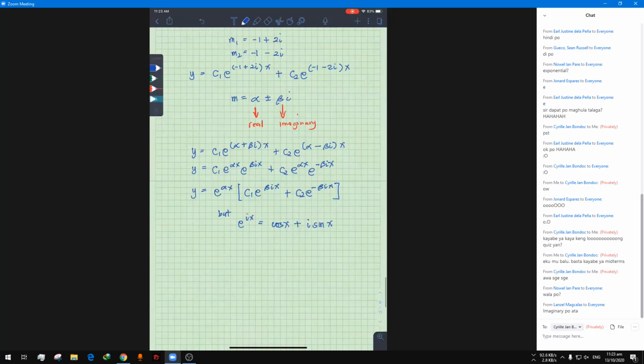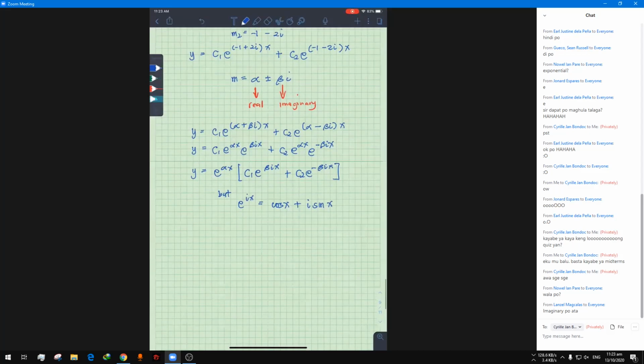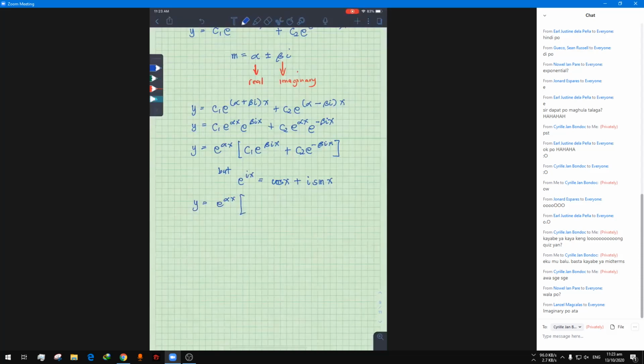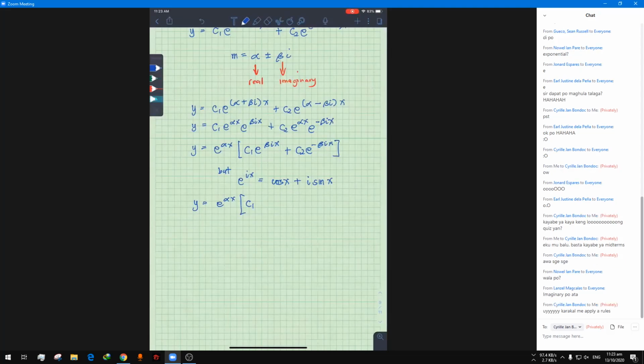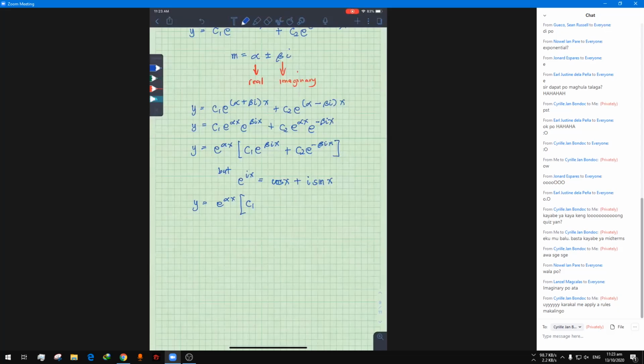So kung i-substitute natin yan, so e alpha x, so C1, so instead na ix, or just simply x, meron siyang coefficient na beta. So ang lalagay natin doon, C1 cosine beta x, and then plus i sine beta x.